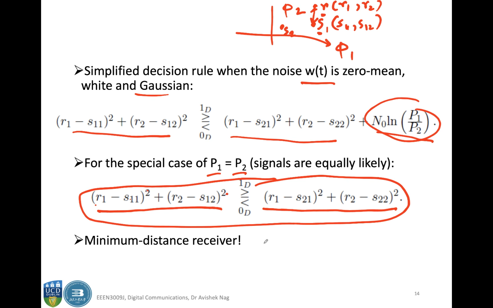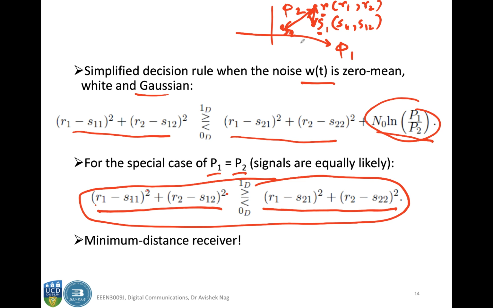So distance wise, if you check the distance between the received signal and S1 and S2, then whichever is closer, the probability of that being transmitted is more.